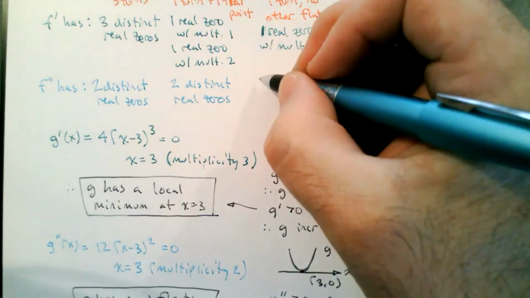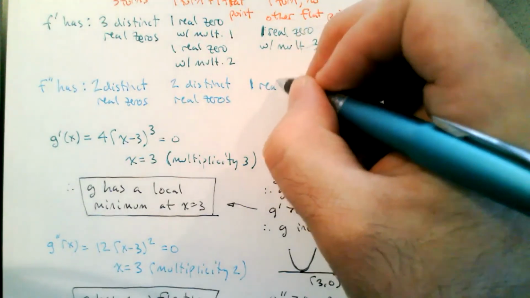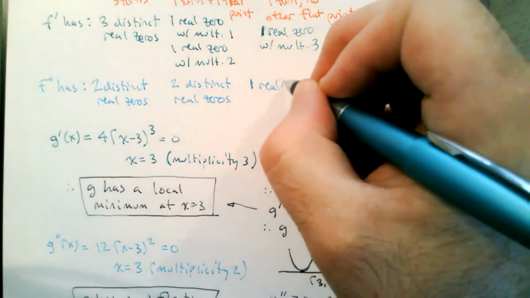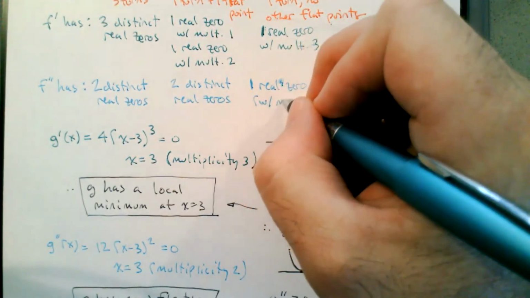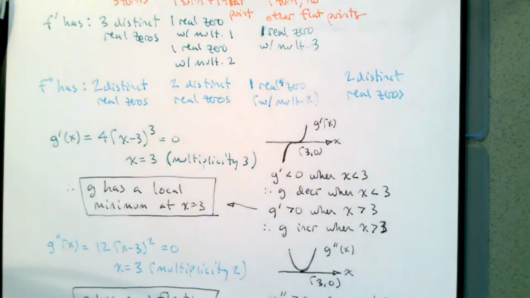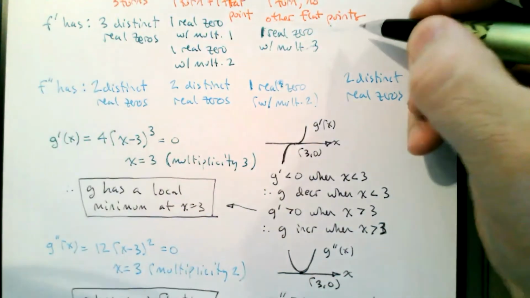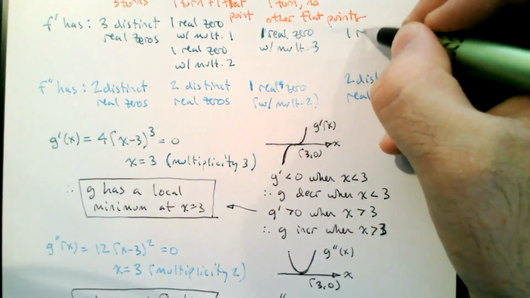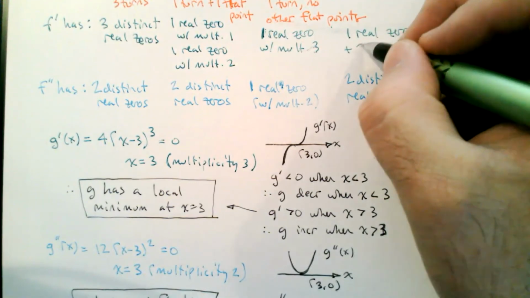So we have g double prime has one real zero with multiplicity 2, which means we're not getting an inflection point. Then the third case was labeled properly before, where we had one real zero plus 2 complex zeros.